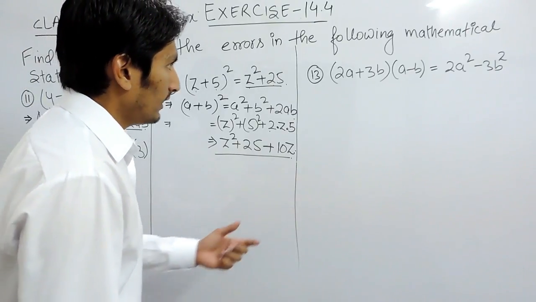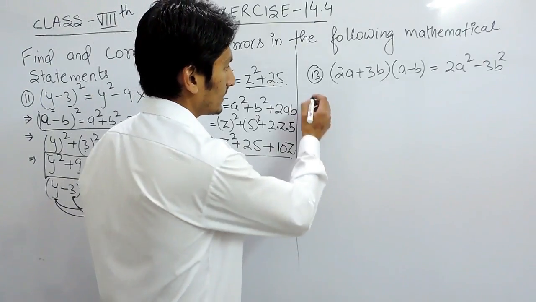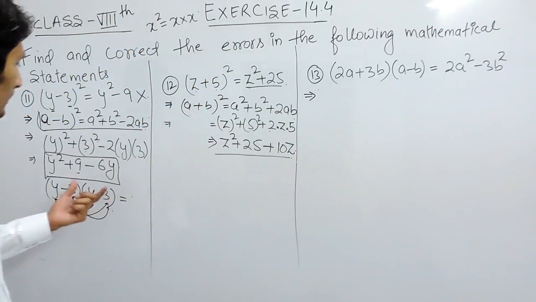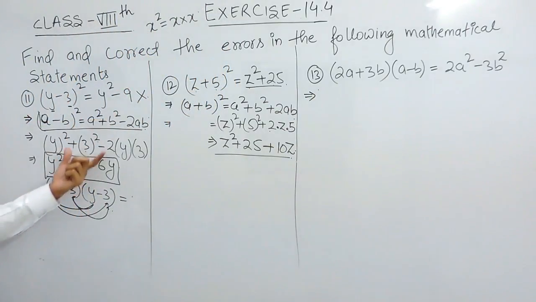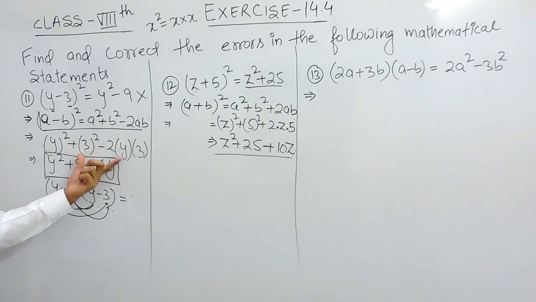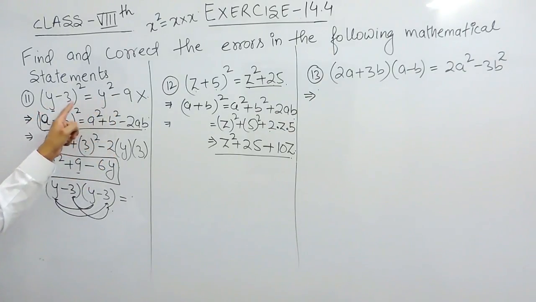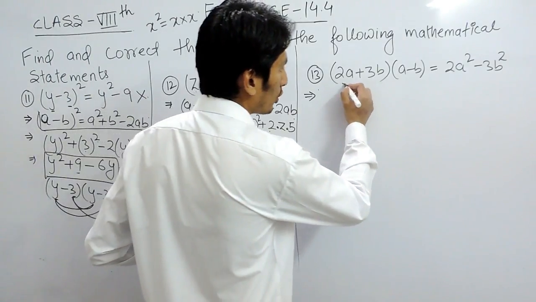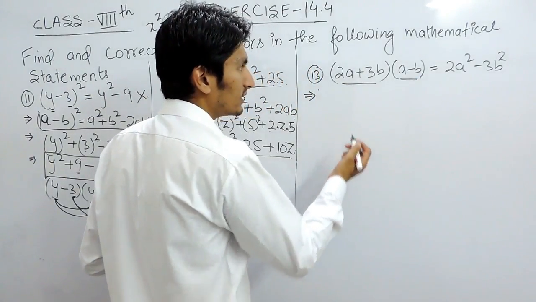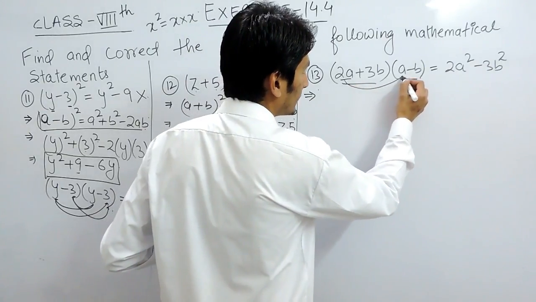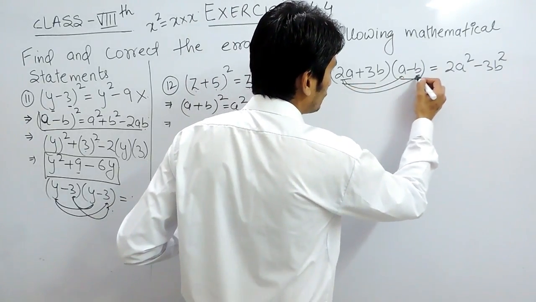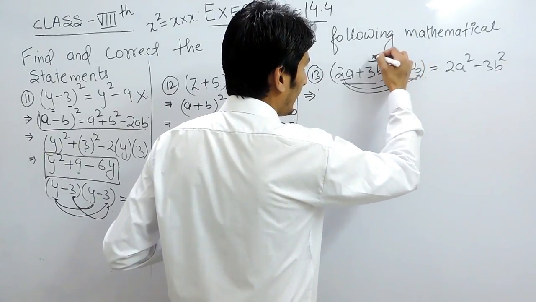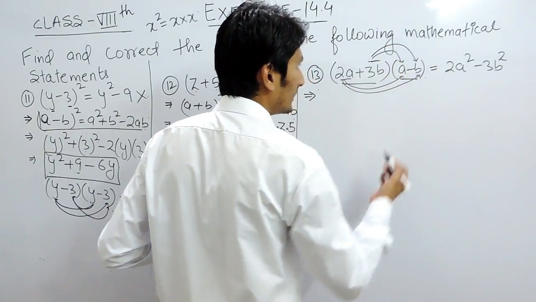Now let's solve this. Here you will get to know why we are using the formula and not squaring directly. If you want to solve this, you have to multiply 2a with a and with b, and similarly multiply 3 with a and with b.